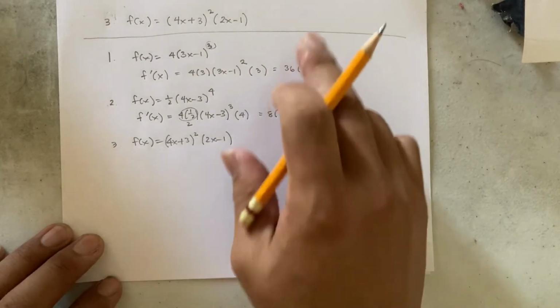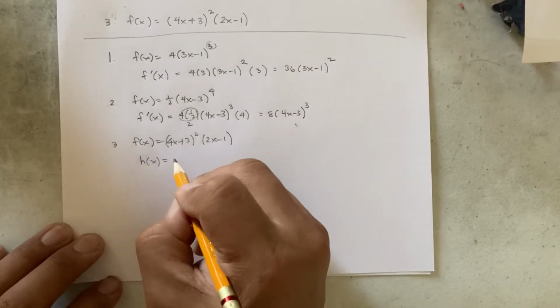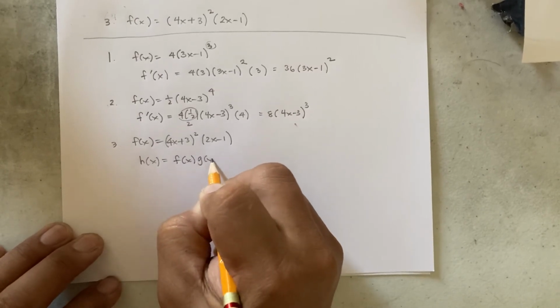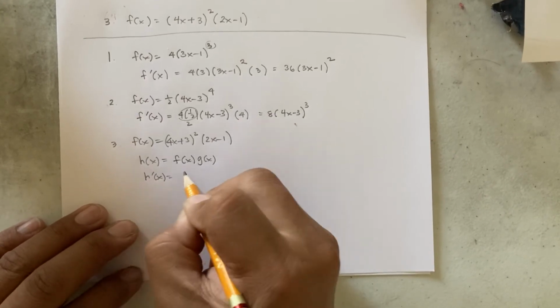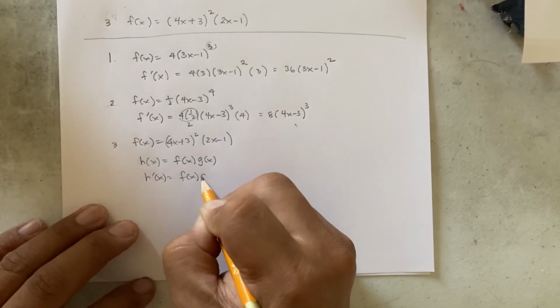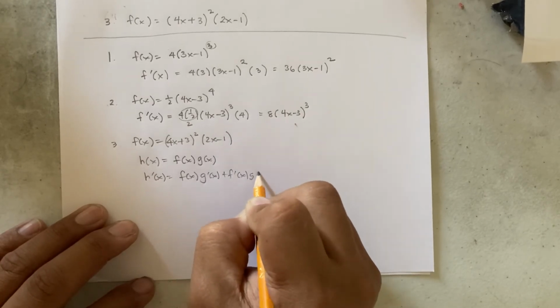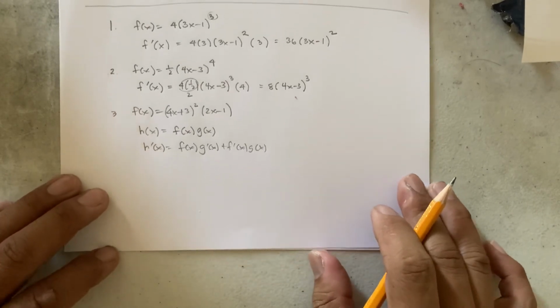I'm going to use another notation here. Let me refresh you on the product rule. If you're given two functions, you multiply them together, take the derivative, h prime of x. The first times the derivative of the second plus the derivative of the first times the second. That's all we're going to do here. So I'm going to move this up.